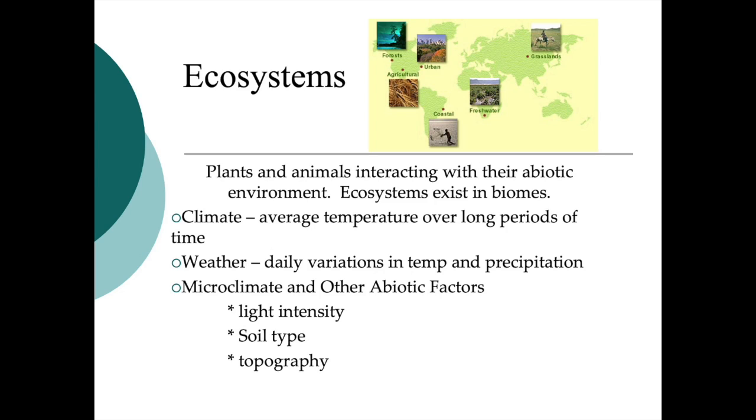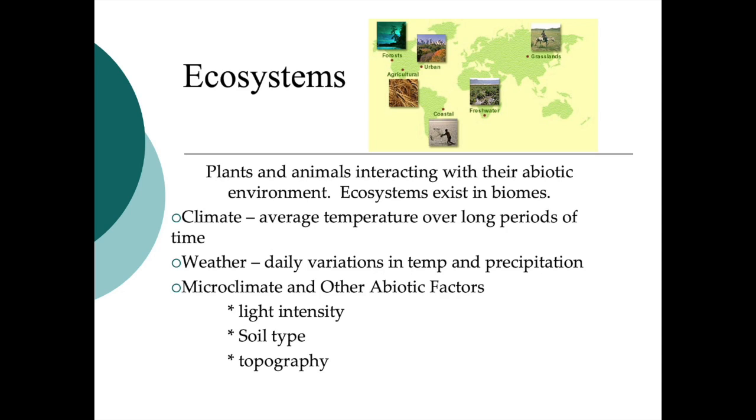Think about all the abiotic factors that come into play: solar intensity, climate, weather, precipitation, nutrient levels, even to the point of topography. What is it close to? Is it close proximity to an ocean? Is it close proximity to a mountain chain, a desert? All of that's going to have great effects on the life in that ecosystem.